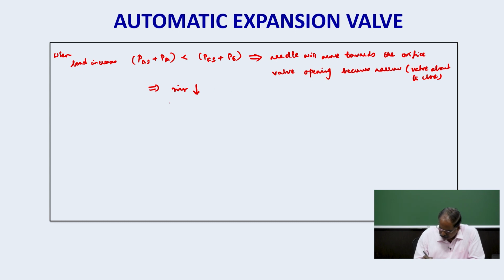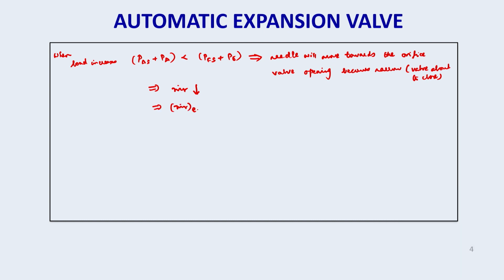This means the mass flow of the refrigerant in the evaporator is less than the mass flow of the refrigerant in the compressor. Then this leads to starving issues in the evaporator, similar to what we have seen in the capillary.